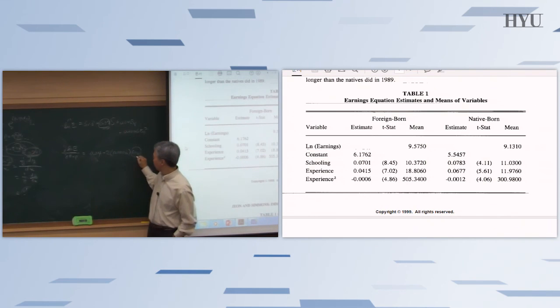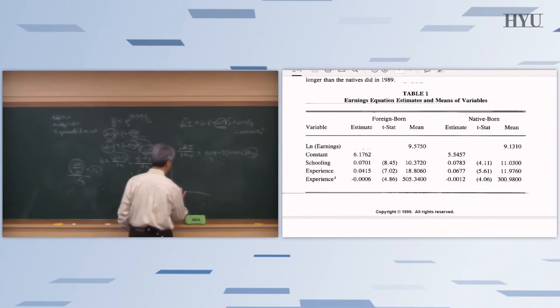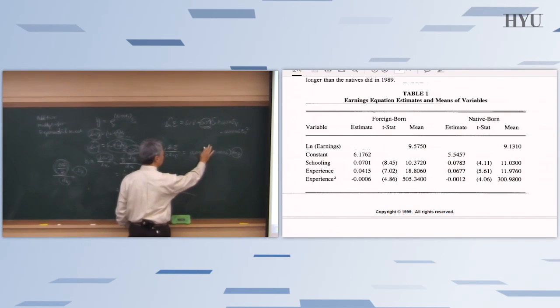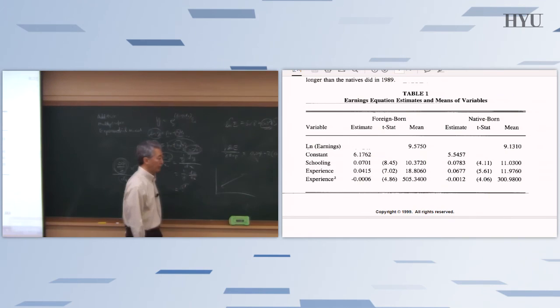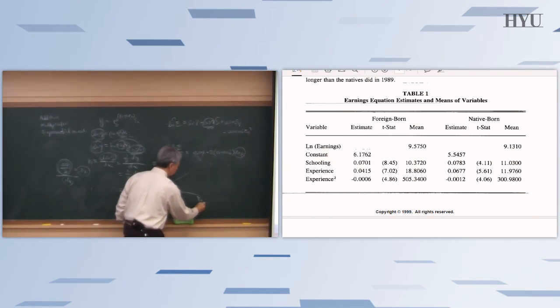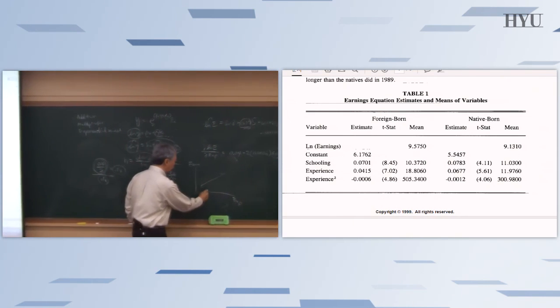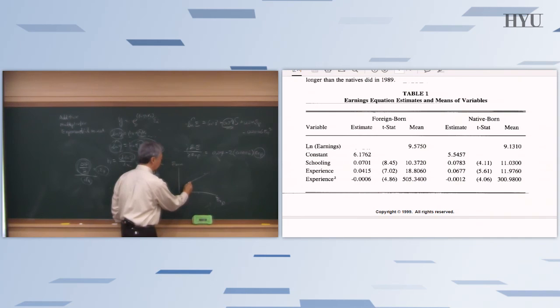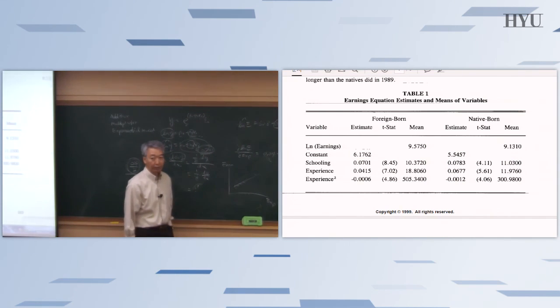Here we have experience squared. If it was simple like this, then the earnings-experience profile would be a straight line, and for each additional year of experience, the earning increases by 4% all the time.